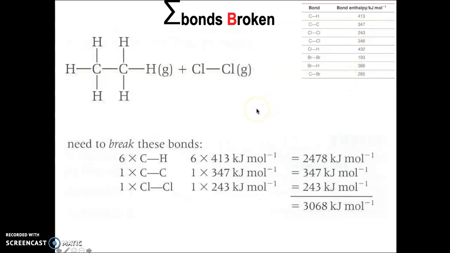I'll point it out when we do another example that involves a double bond. And finally, we need to break this chlorine-chlorine bond so that those atoms can also be free to realign themselves in the new molecules. Take the subtotal, add these 3 numbers together, and you get the energy required to break all the bonds. On to part 2.